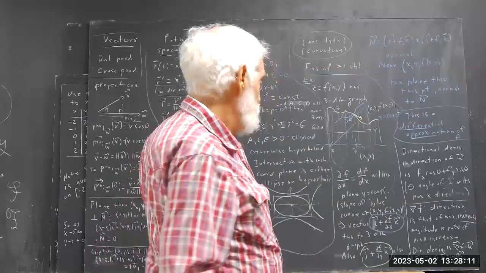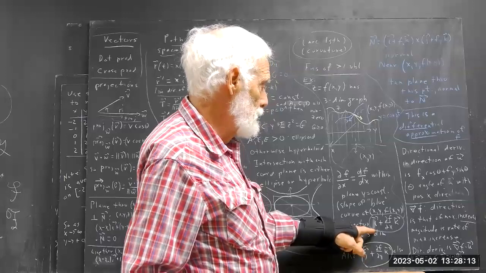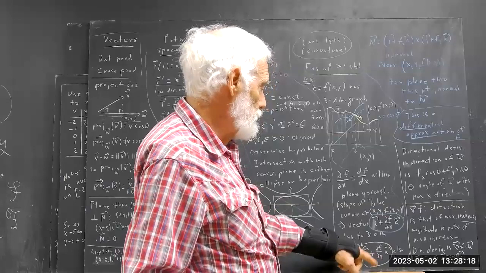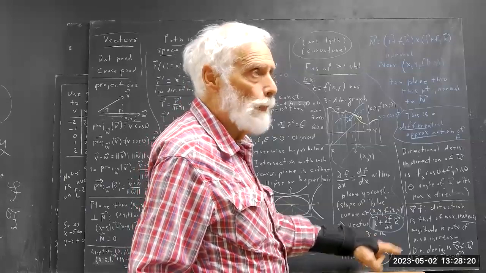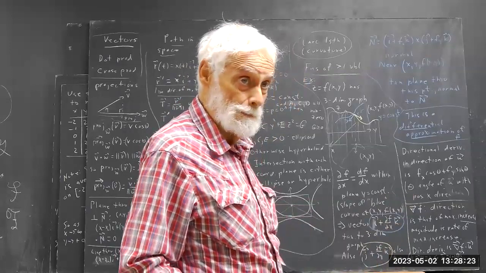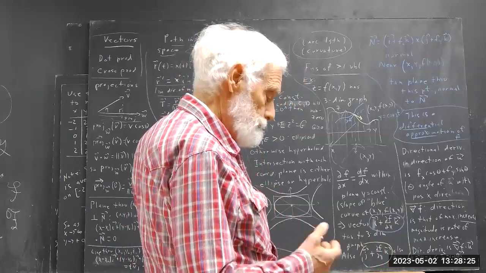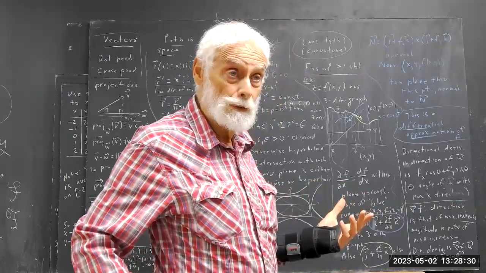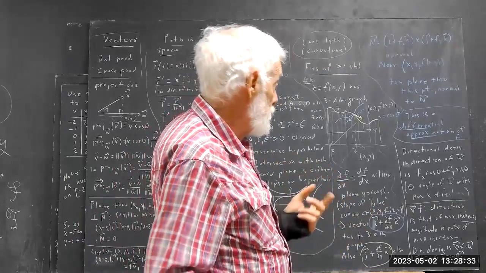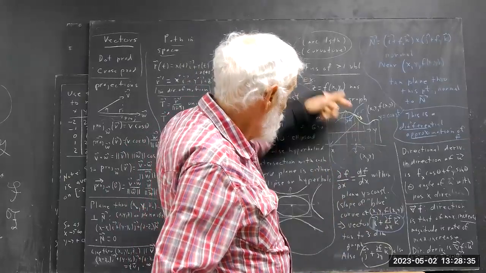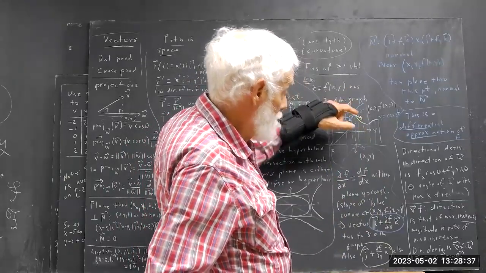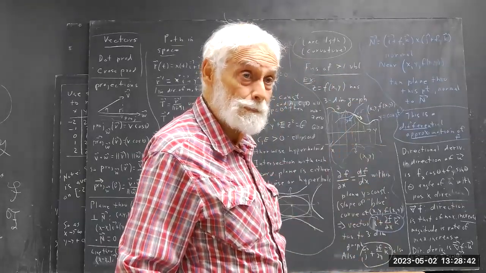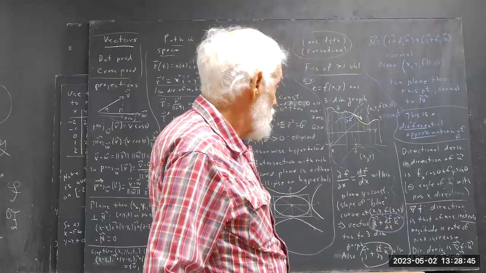Now, those tangent vectors are familiar: i plus the partial derivative with respect to X times k, and j plus the partial derivative with respect to Y times k. You need to understand why that works and how that works. The slope of each of these tangent lines in that plane is equal to the derivative.